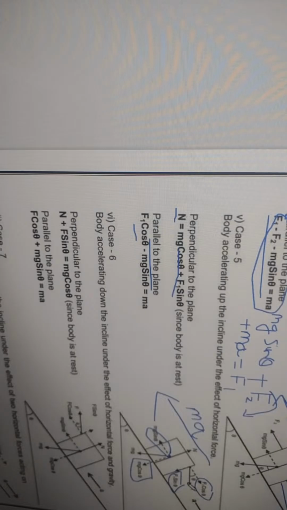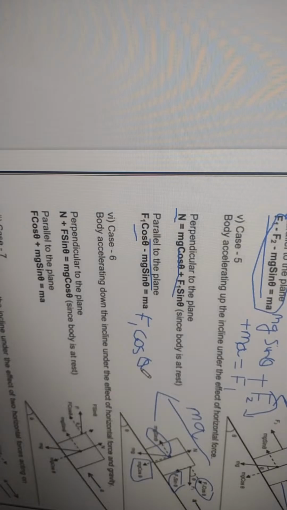So अगर हम इसको निकालेंगे तो that will be F1 cos theta equal to MA plus mg sin theta.